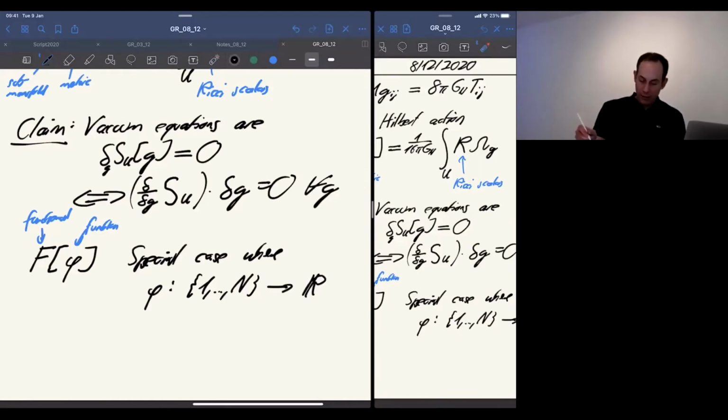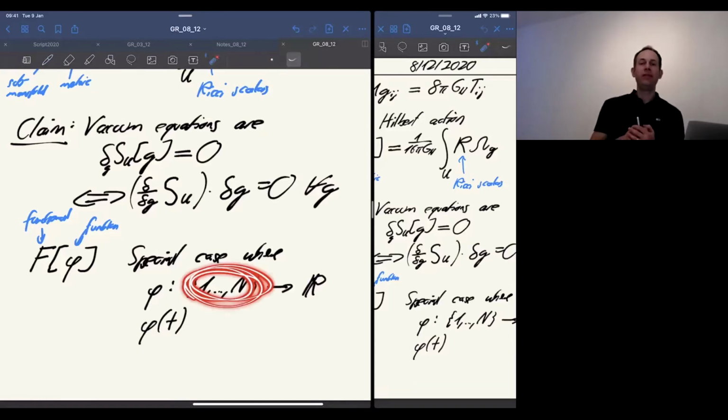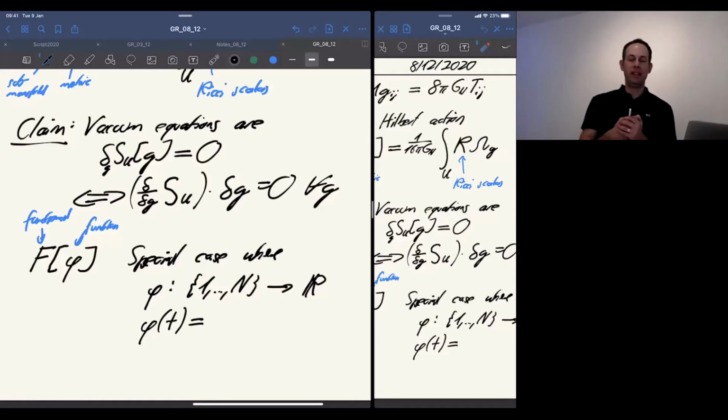Now, if I have such a function, the function takes as input such a number. I may just call it small t. So small t would just be the input to the function phi. It's an element from this set. But we are used to the fact that if a function takes as input a discrete value, we would write it as, for example, phi with a little index t.